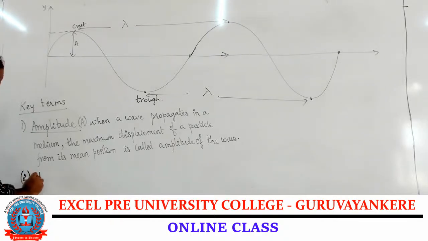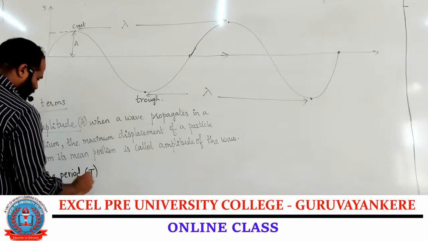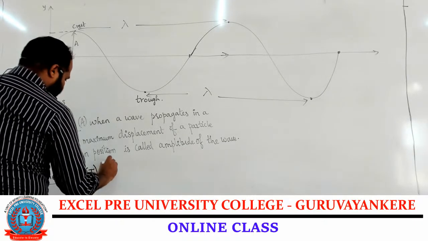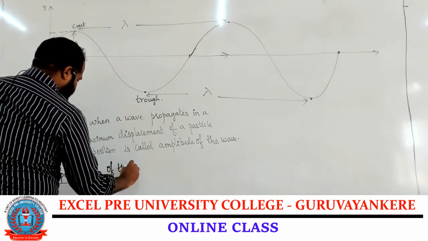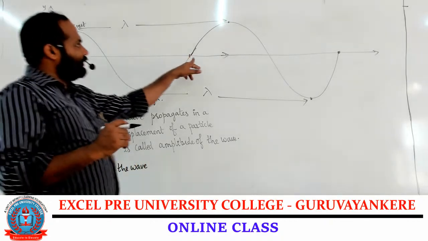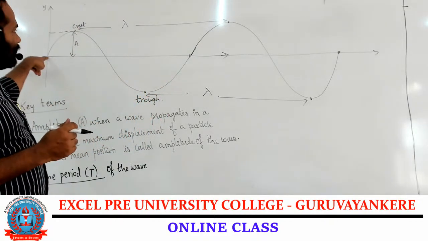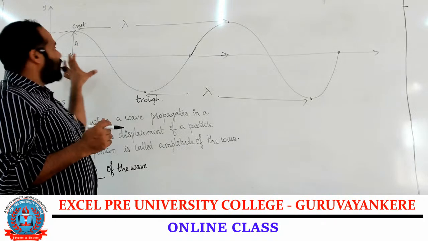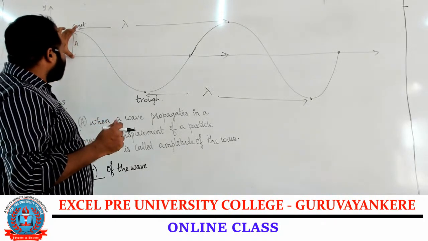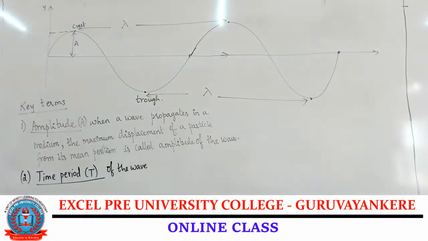The second one is the time period of the wave, capital T. It is the time it takes to complete one wave. It is the time it takes to come back to its mean position after having maximum vibration in one direction and maximum vibration in the other direction.